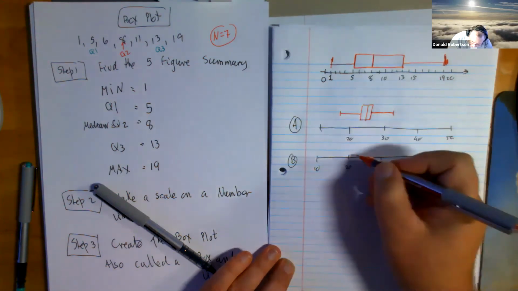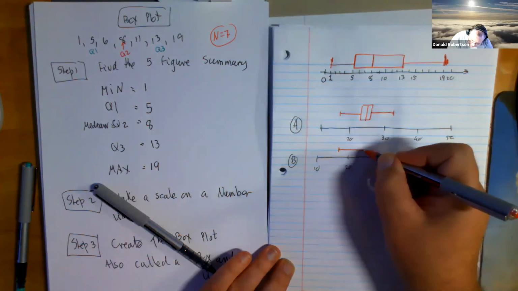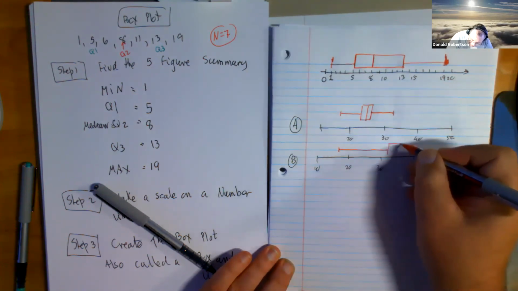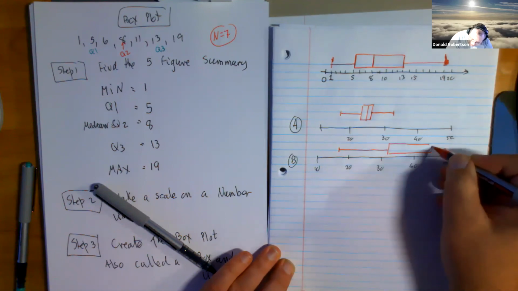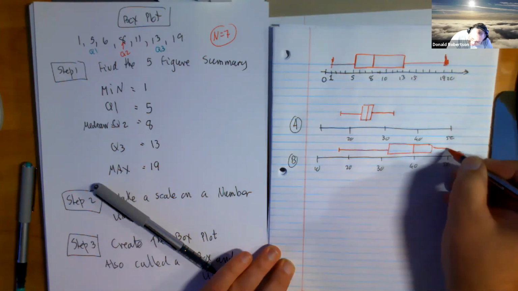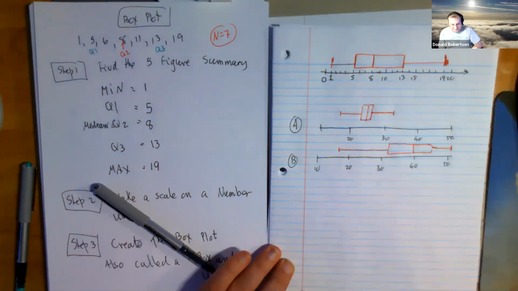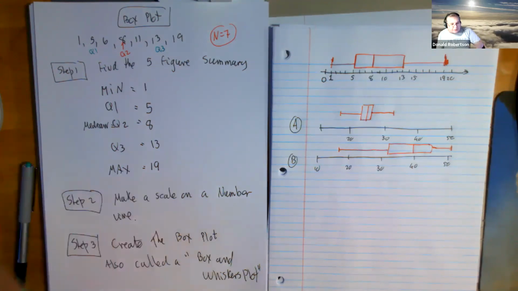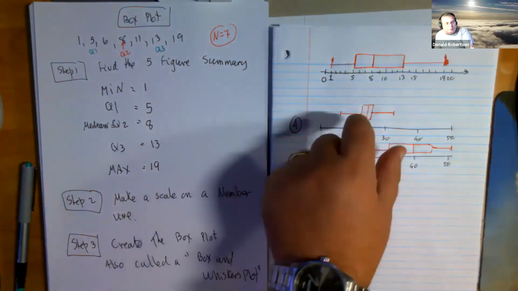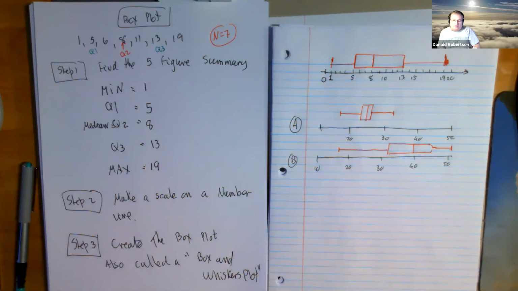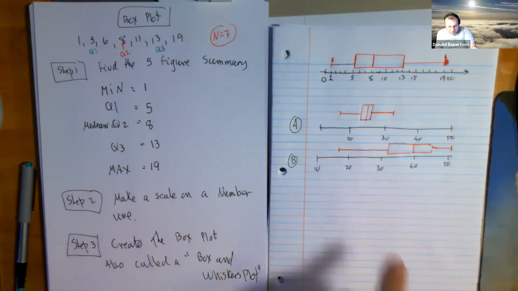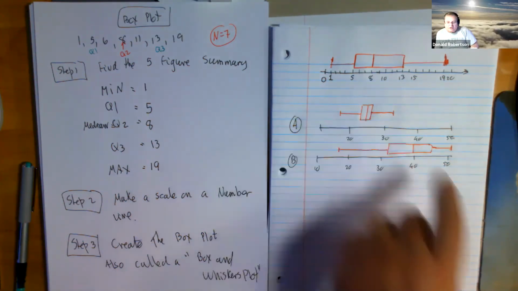And the second class looked like that. And if the only thing I gave you were these two box plots, there's a lot of information that you can use to compare and contrast.